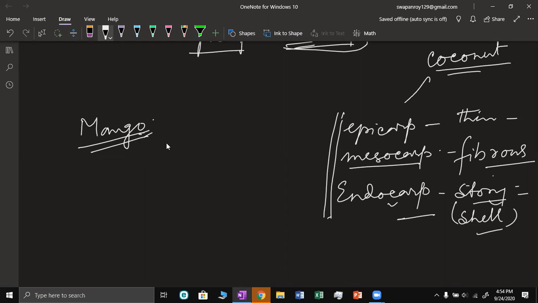That group of fruit is known as drupe. Both are drupe type.